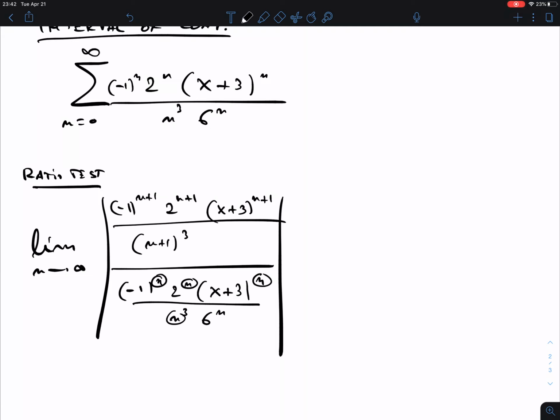Be careful, it's n plus 1 cubed, not n cubed plus 1, because it's n that is replaced by n plus 1, and that whole thing gets cubed. And then 6 to the power n plus 1.